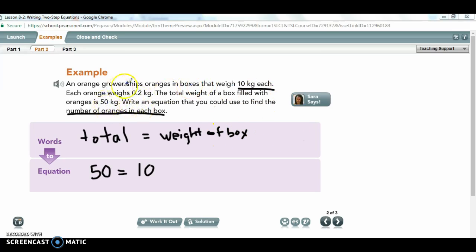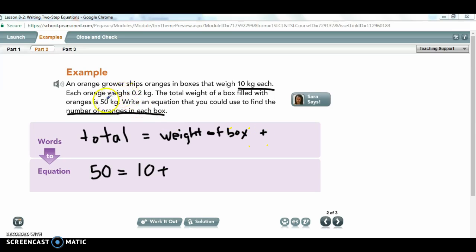To get my total amount, which is 50 kilograms, I'm going to be combining the weight of the oranges and the weight of the boxes. So since I'm combining those two weights for my total, I know that I'm going to be using an addition sign, because my weight of box plus my weight of my oranges is going to equal the total amount.